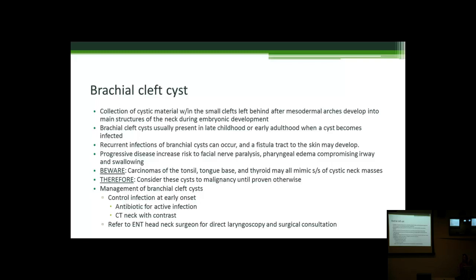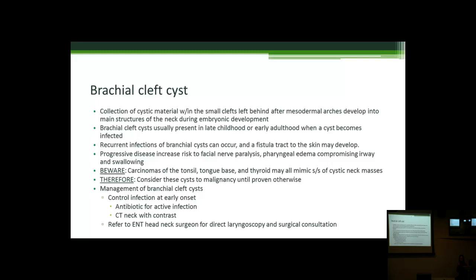So we have these early pockets of clefts, and then they develop into the other anatomical structures. But in some patients, those cysts remain behind. And so you start to develop all these little materials up in these pockets that grow and collect material, and they can continue to develop.